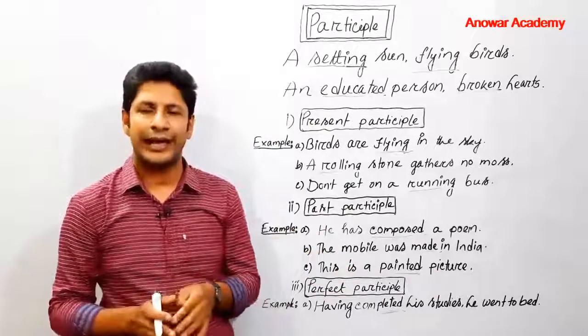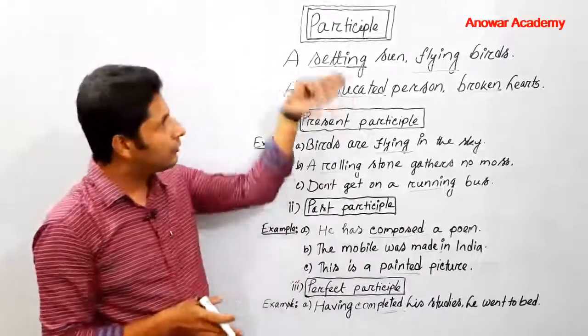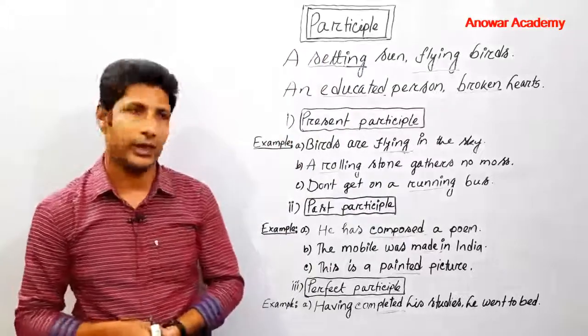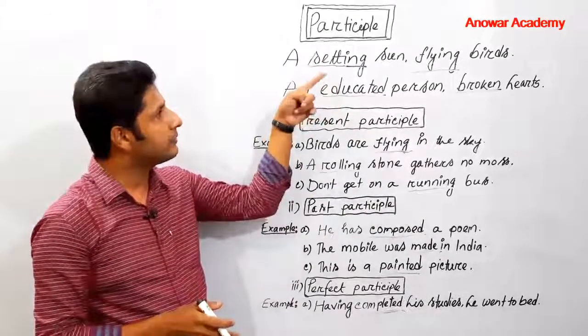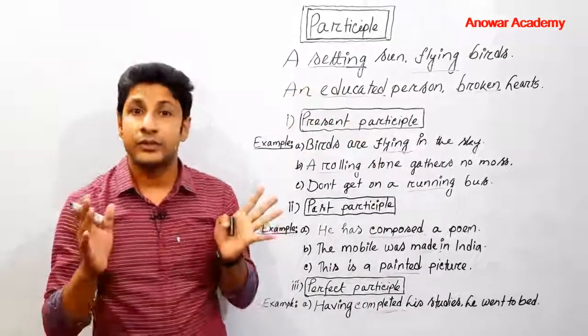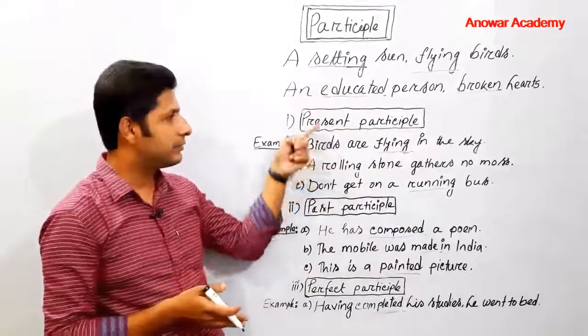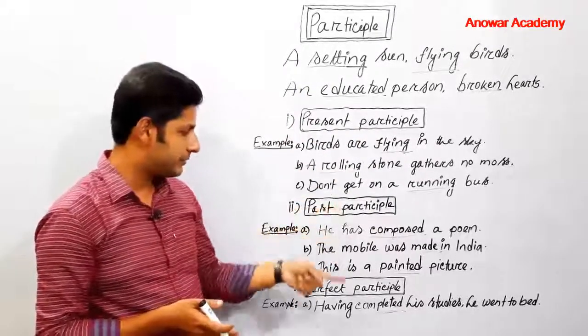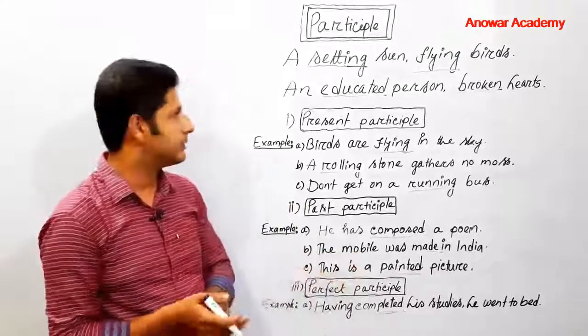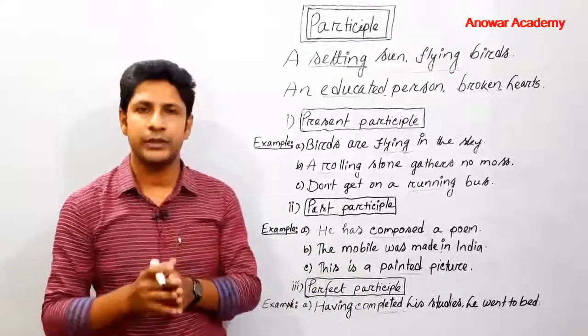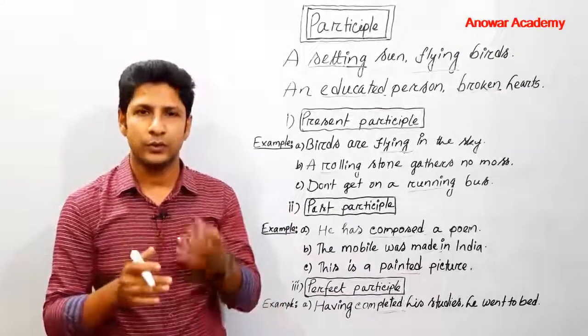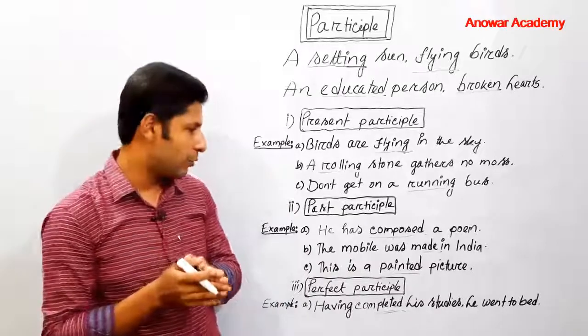Let's now have an overview of this topic again. You know, participle is of three types, and they are present participle, past participle, and perfect participle. Present participle indicates an action which is going on at this moment.